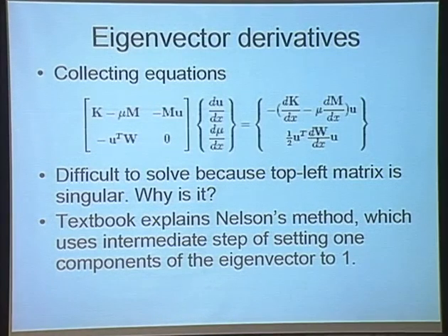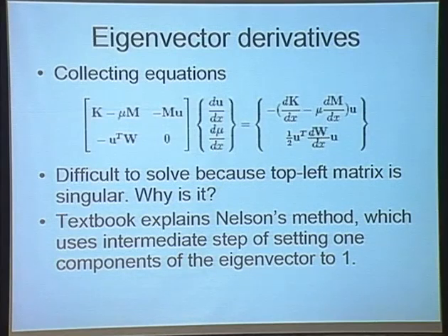So instead, I don't want to go into the gory detail, but the textbook says, let's first solve the derivative not with the original normalization condition, but with a simpler normalization condition that says that the largest component of the eigenvector is equal to 1.